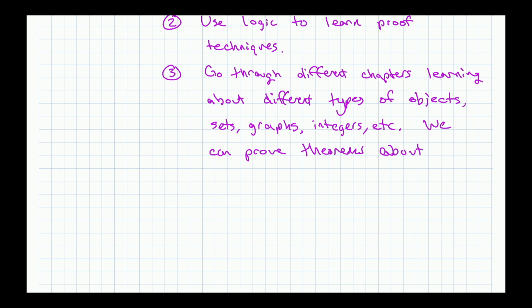And that's really what this class is good for if you're a math major type of person. Okay, and so that's the key, that we can prove theorems about these kinds of things.